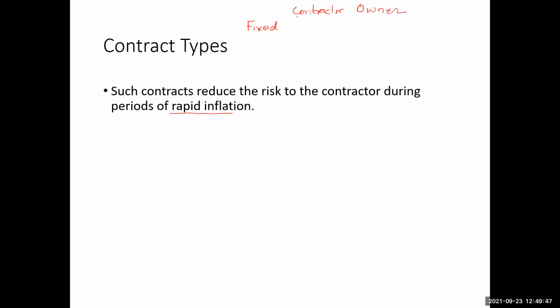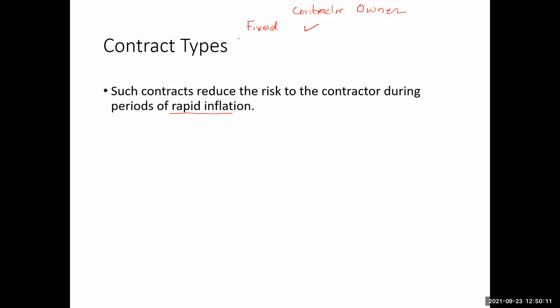So for example, the risk for the fixed price contract lies with the contractor, okay? Because if the cost of the project increases, the contractor will only get a fixed price, okay? So the risk is with the owner.